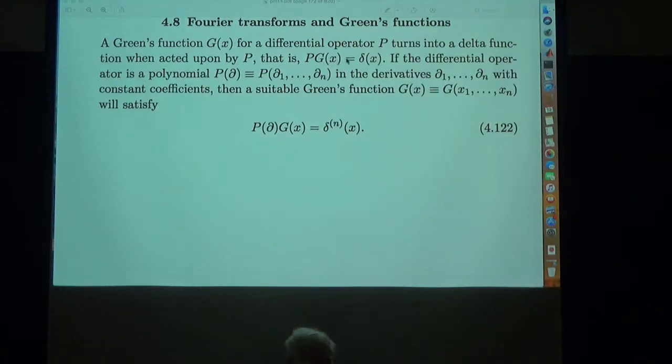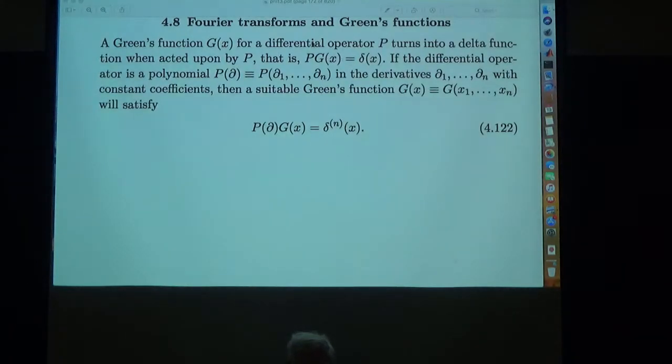You might say, well, why do you want to solve this equation? Well, if you solve this equation, you immediately figure out how to get solutions of the differential equation P times a function is anything at all. So you've solved all differential equations involving P if you can figure out what G is.